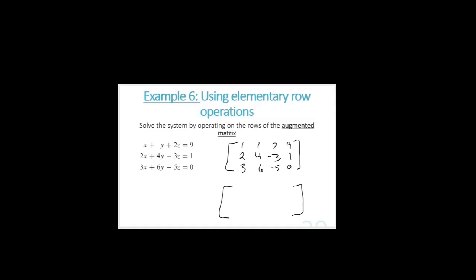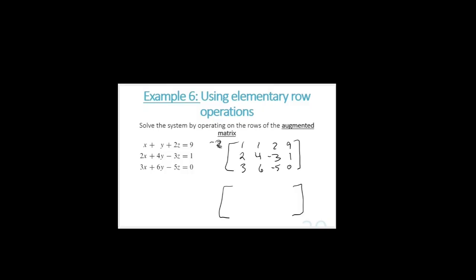So if we're going to do -2 times the first row, you're going to want to think about how you are going to get rid of some of these numbers and simplify it down. They're asking us to do -2 times that first row and add it to the second.